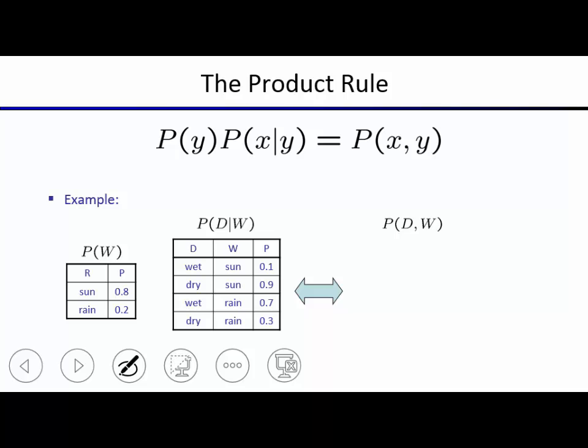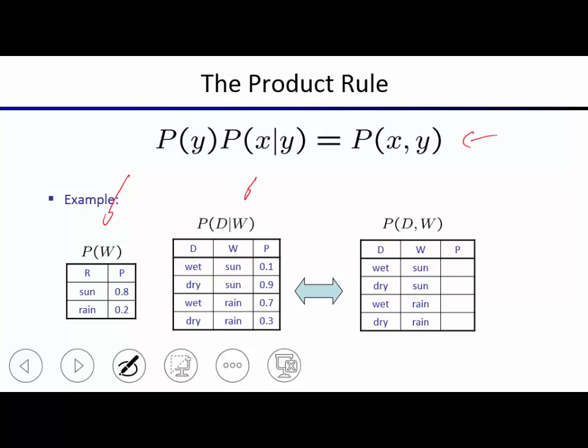You say, well, maybe somebody is able to provide you with a marginal for just weather, a conditional for dry or wet given weather, and then you can build the full joint using the calculation shown over here for every single entry. So let's do one of them, wet and sun.